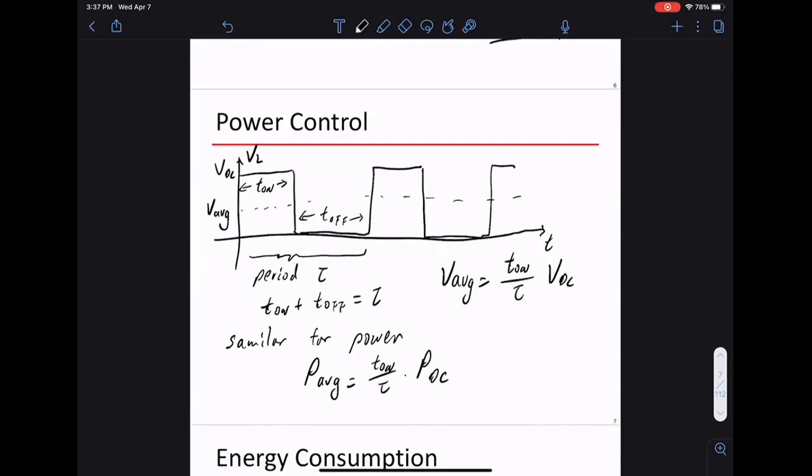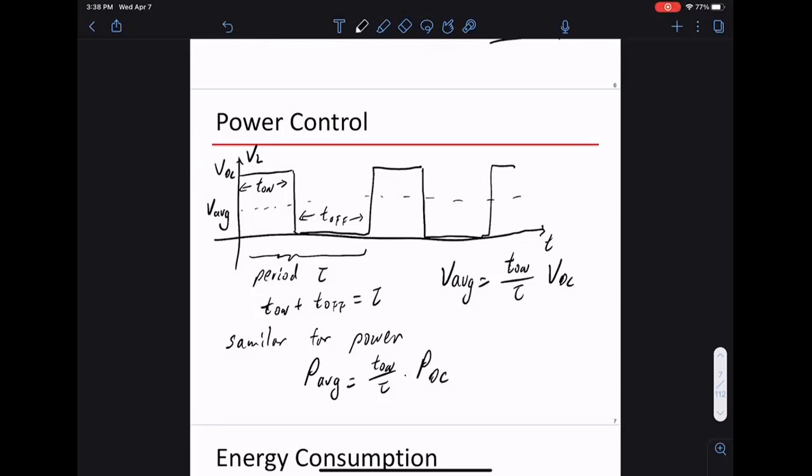The reason is, for example, say you have a USB-C charger. It could charge your phone, your iPad, your computer, or something else. Each of your devices may want different voltage levels. Some may want 5 volts, some may want 12 volts. So if you have an electronic switch, by controlling T on, by controlling how often you're on, you can change the voltage level your load wants to see.